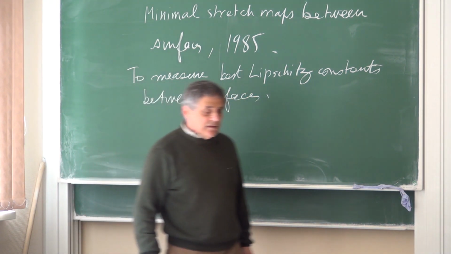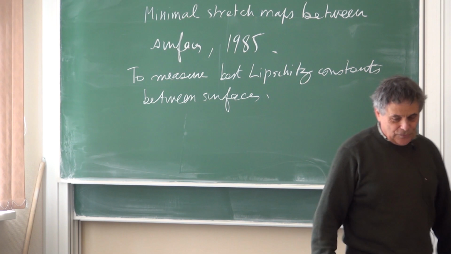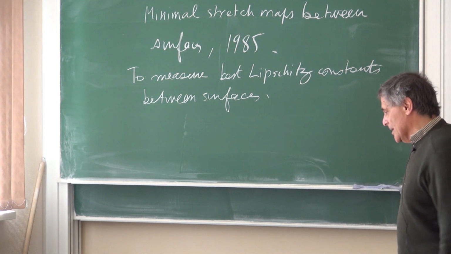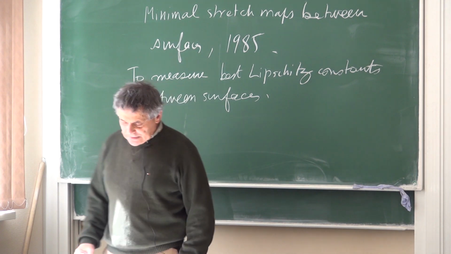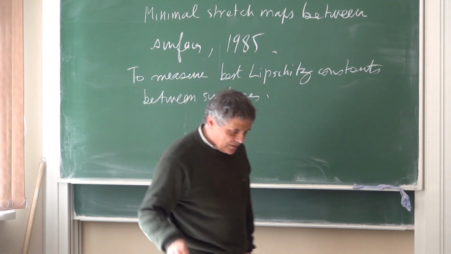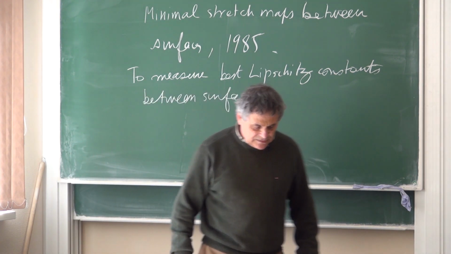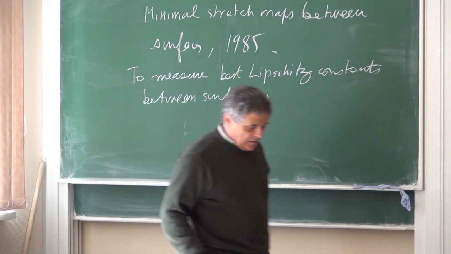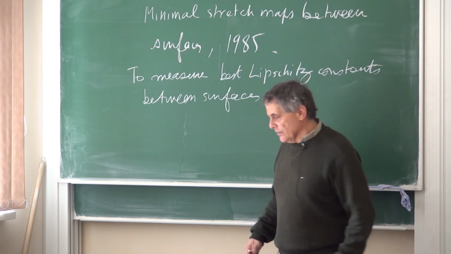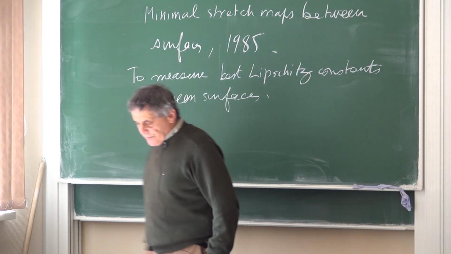And this was not new, and I will tell you a few predecessors. In fact, for Thurston, I'm sure it was new because he used to invent everything by himself. I don't think he knew about what was done before him.